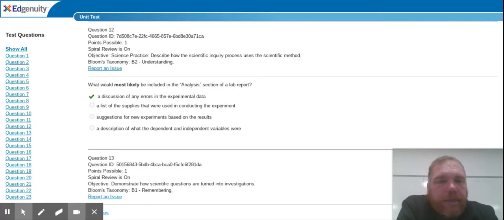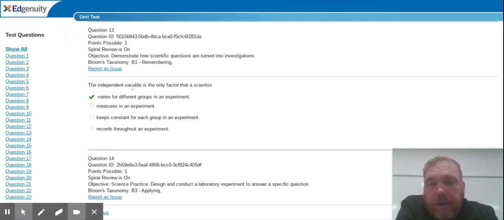Analysis means you're looking at your data and trying to determine what it means. And so that's why it's a discussion of any errors and experimental data. A list of supplies is more in your procedures. Suggestions would be more in conclusion and follow-up, and a description of the variables is also in the setup of the experiment.